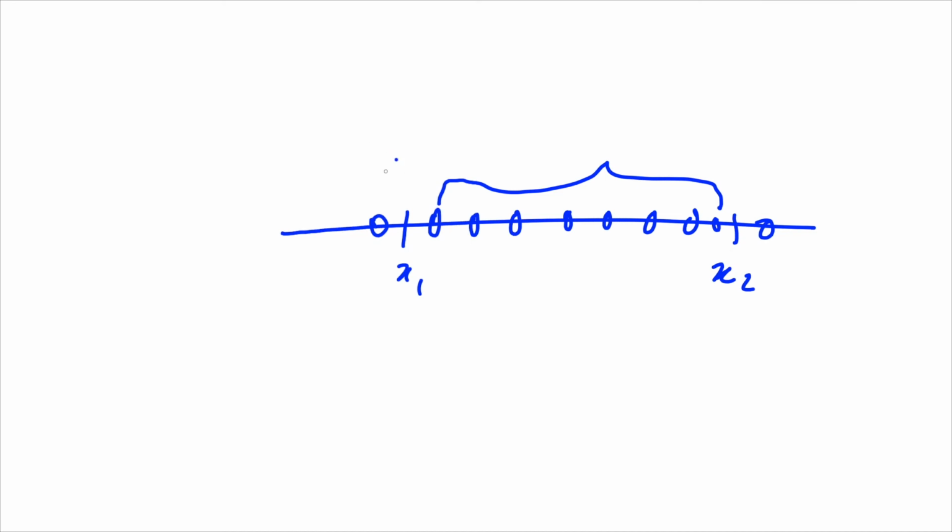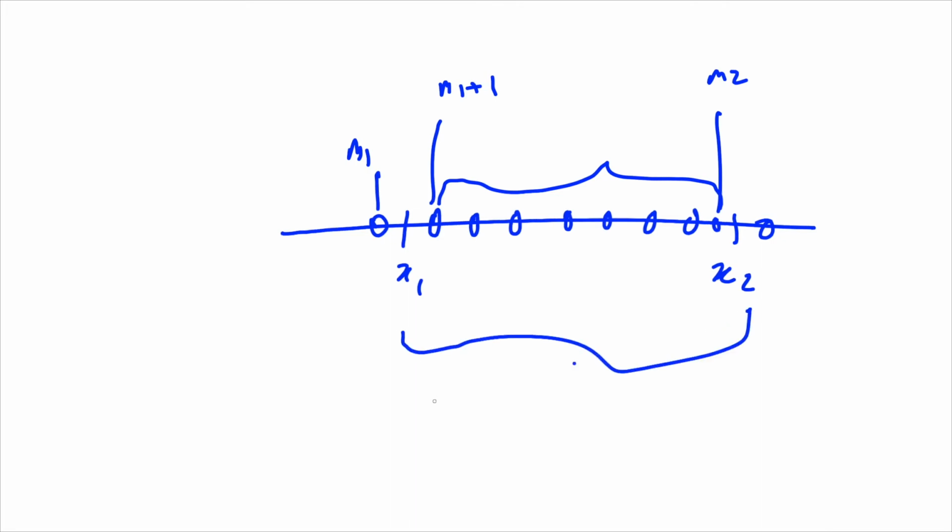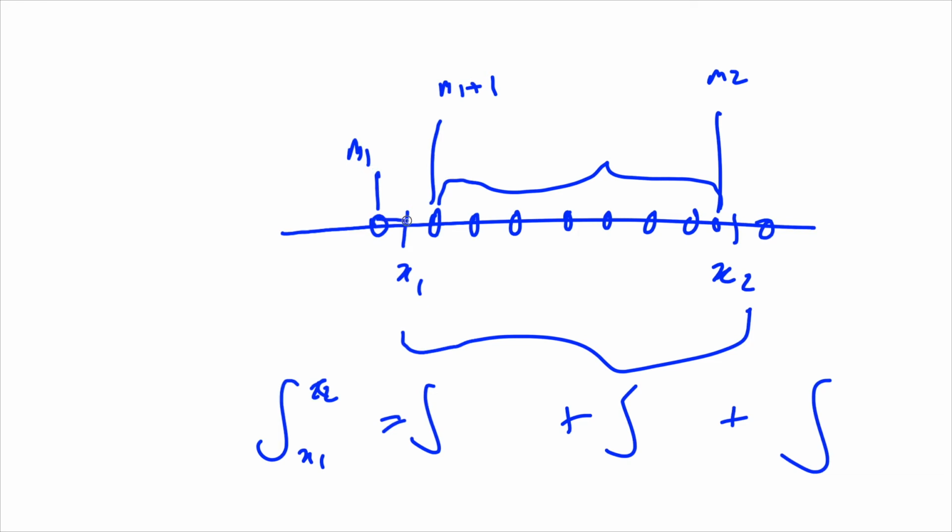So we had that term from before, and we said this is m1 there, and this one was m1 plus 1. This is m2. And we're actually interested in x1 to x2, and therefore our integral has to go from x1 to x2, and that is the sum of three integrals which go from m1 to x1.